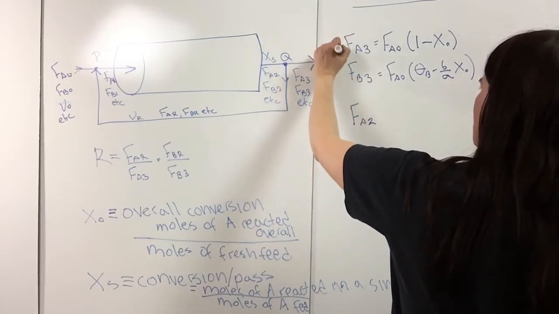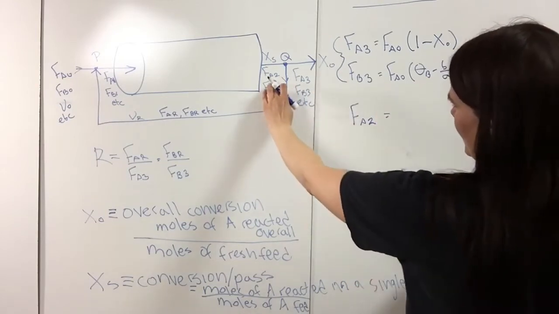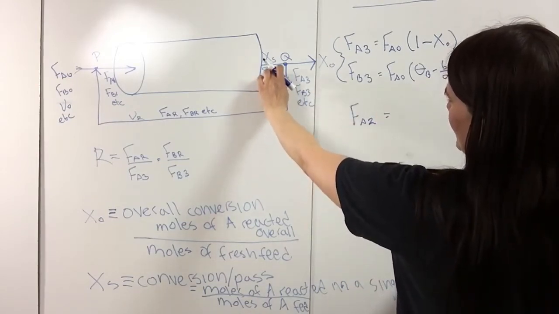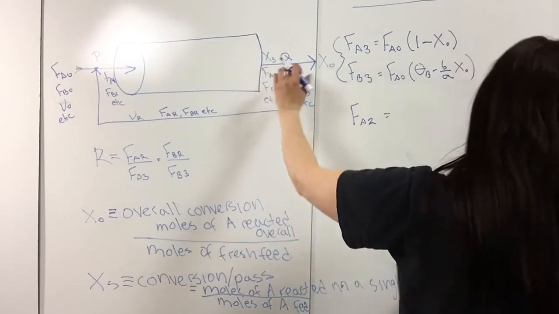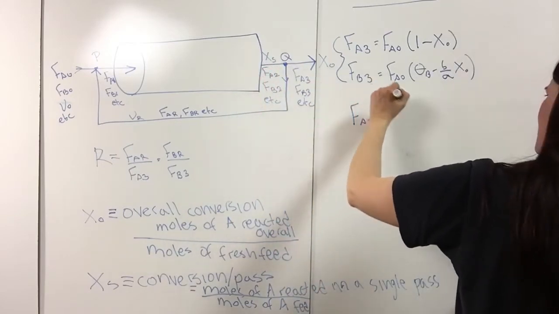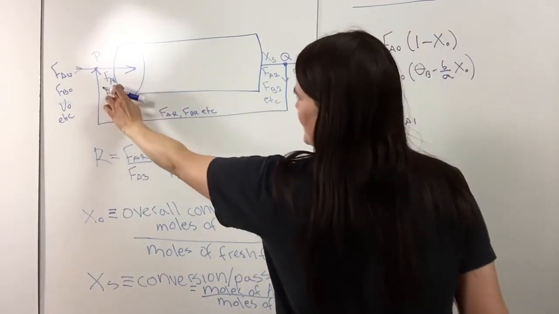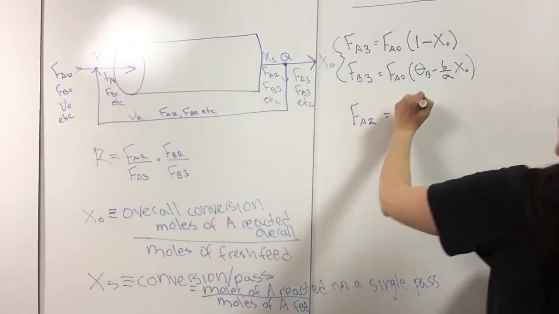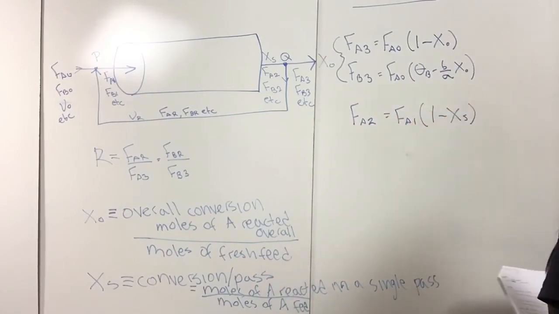And then we know that FA2, so these are together, is equal to, and at FA2 the conversion has been this XS, the conversion per pass. So that would be FA1, and that's FA1 right here, times 1 minus XS.